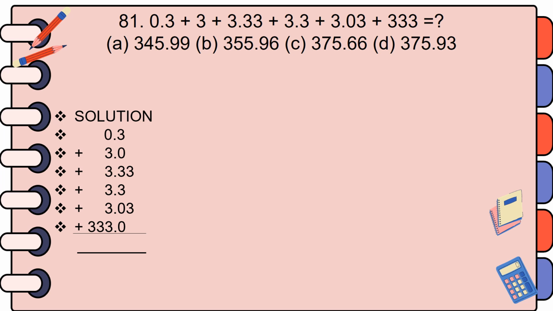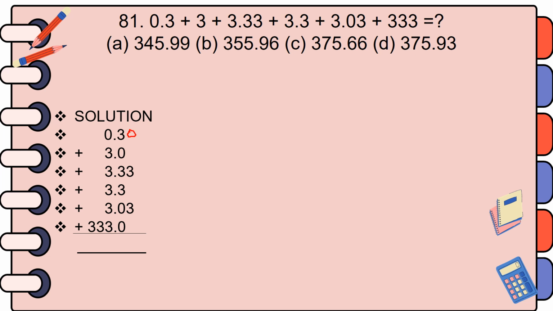For example, the maximum number of decimal places here is 2, so you can put 0 to the right on the empty spaces. So 0.3 can be written as 0.30.